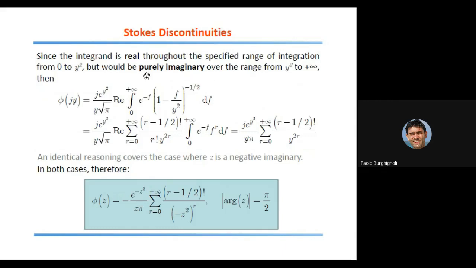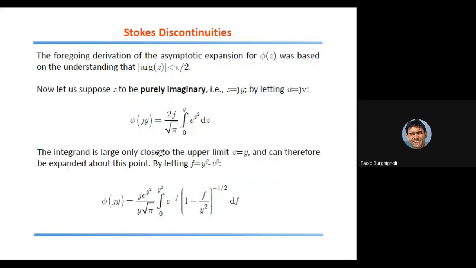We can consider that the integrand function is real inside the integration range, because you can see when f goes from 0 to y squared, then the argument of the square root is positive, so the result is real. Whereas if you consider values of f larger than y squared, then you would get negative values inside the square root, and therefore purely imaginary values.